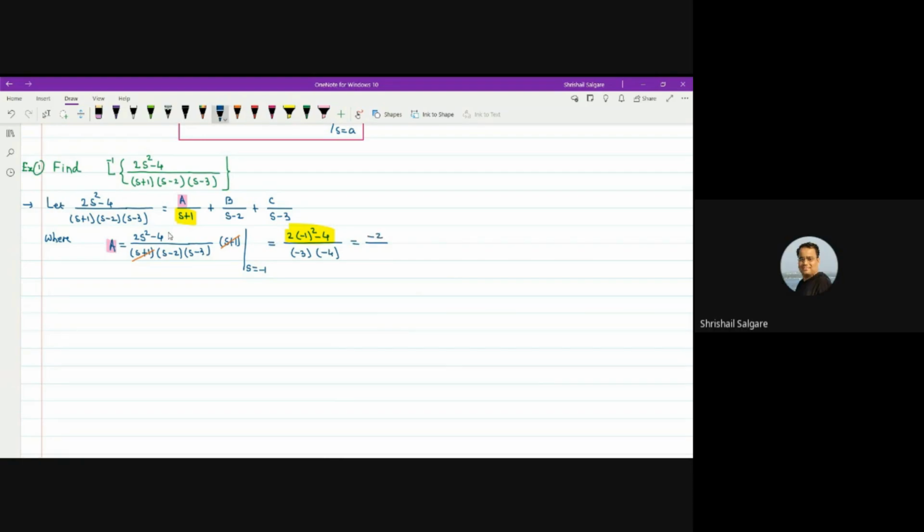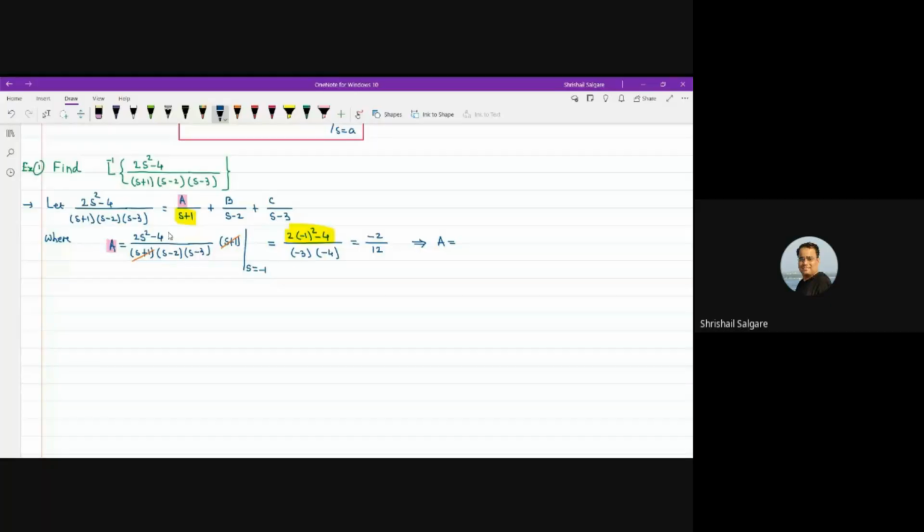And what is the evaluation of the denominator? 12. Once again, the constant a is equal to, what is the final answer? -1 upon 6. Okay. That is the first constant.